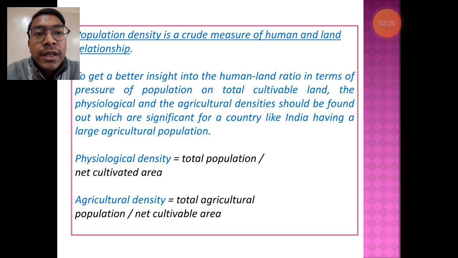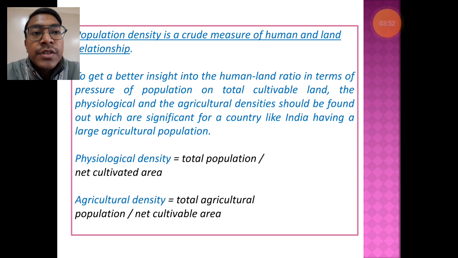But in a country like India where a larger percentage of the people are dependent on agriculture, we need to study the ratio between the available agricultural land and the total number of persons, or the ratio between the total agricultural population and the total agricultural land. So for that we need to study physiological density and agricultural density.